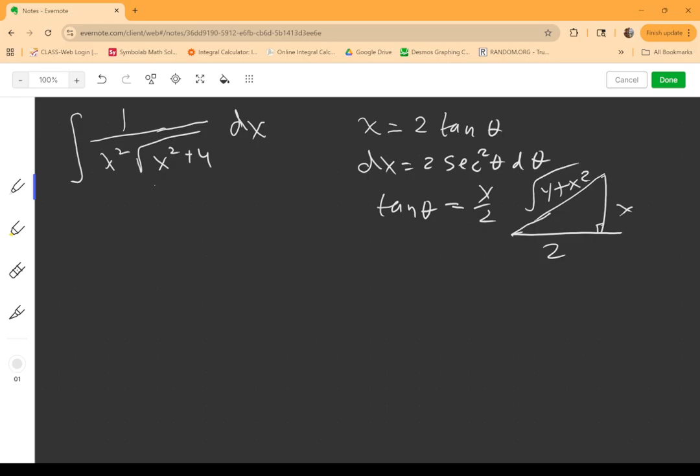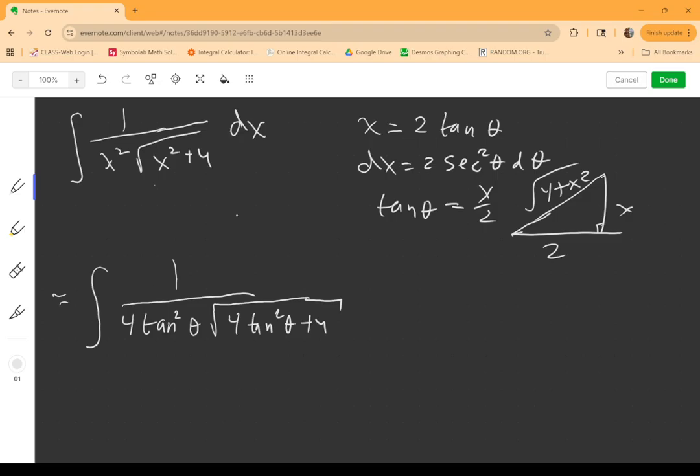Okay, so now having all of this here, let's go ahead and do our substitution. So when we integrate, 1 over, x is 2 tangent theta, so when I square that, we get 4 tangent squared theta, times the square root of x squared plus 4, which is 4 tangent squared theta plus 4.